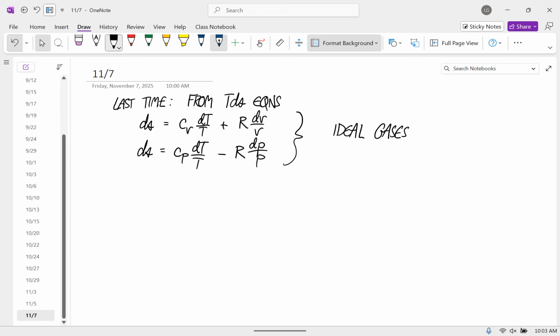Okay, and these are very accurate. The problem comes from when you go from this to integrating it. How do you integrate this?